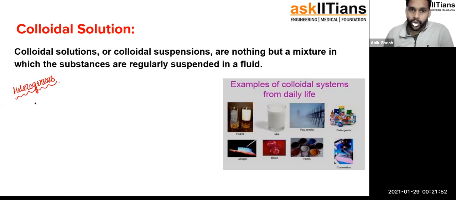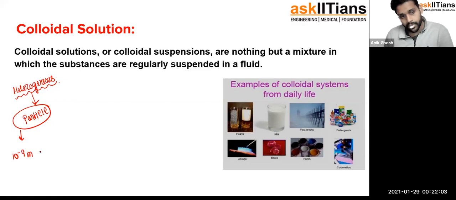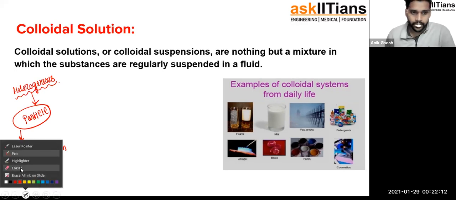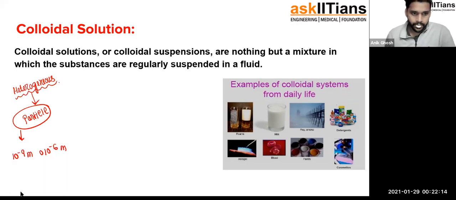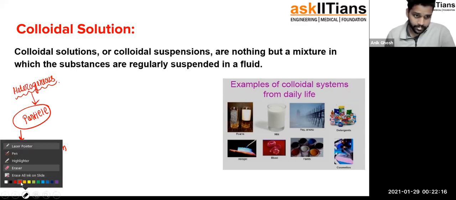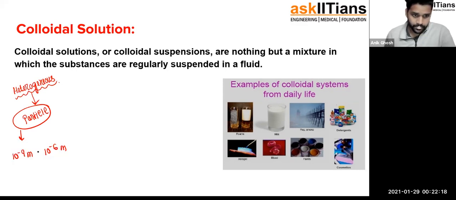Now, for a colloidal solution, the particle size is near about 10 to the power minus 9 meter to 10 to the power minus 6 meter. This is the range, okay? So this is the range of these colloidal particles.